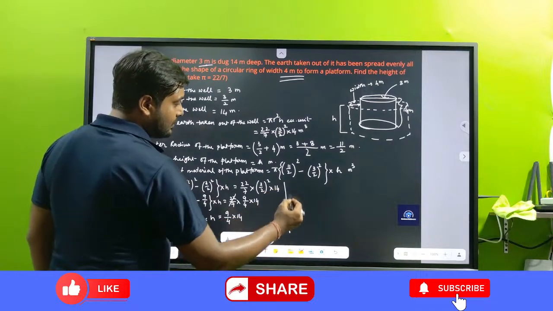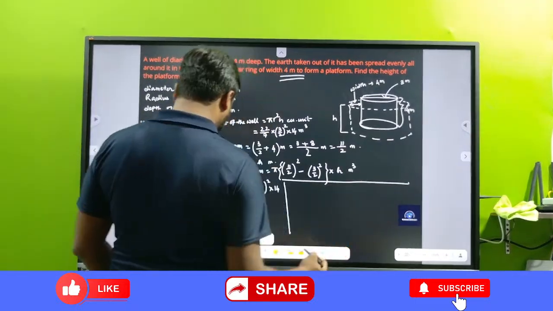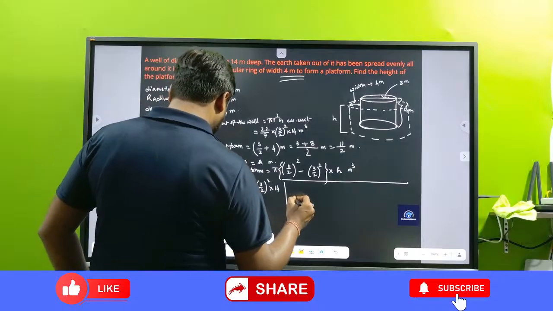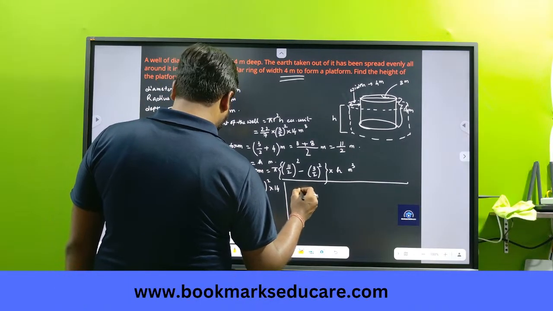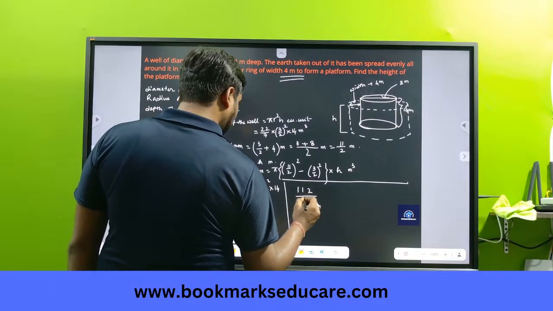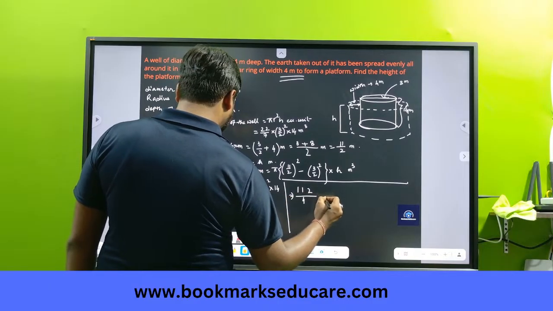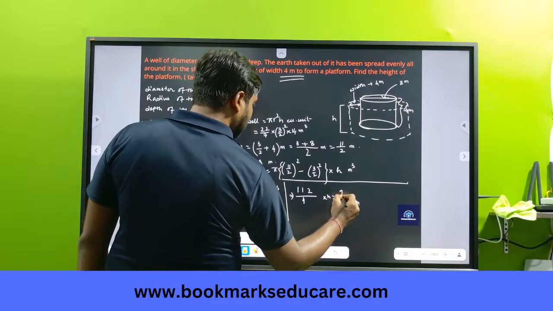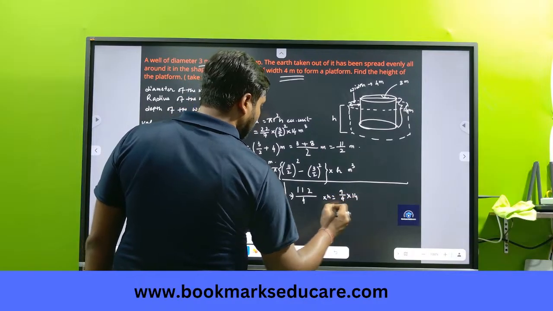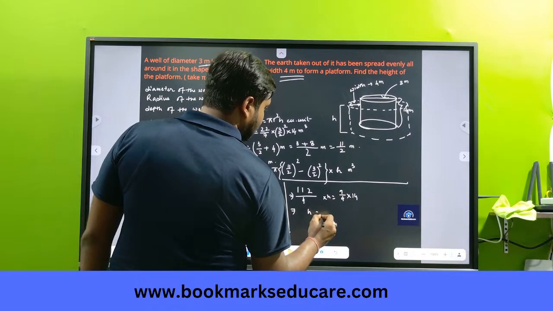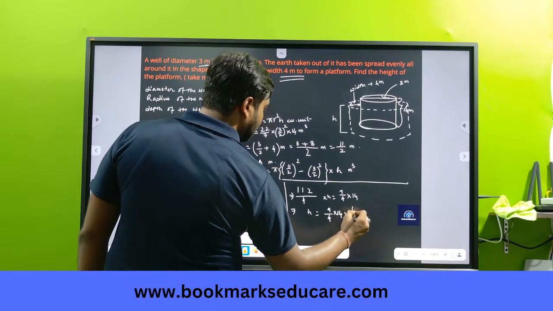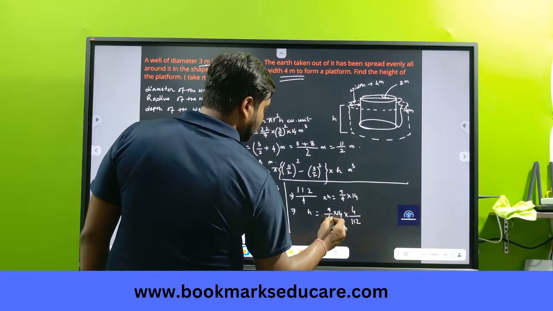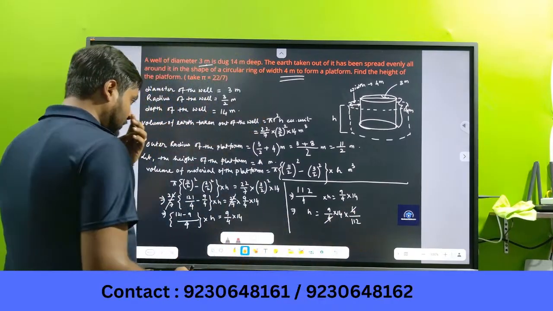Now let's solve it here. This will be 112 by 4 into h equals 9 by 4 into 14. H equals 9 by 4 into 14 into 4 by 112. So 4 and 4 will be cancelled out.